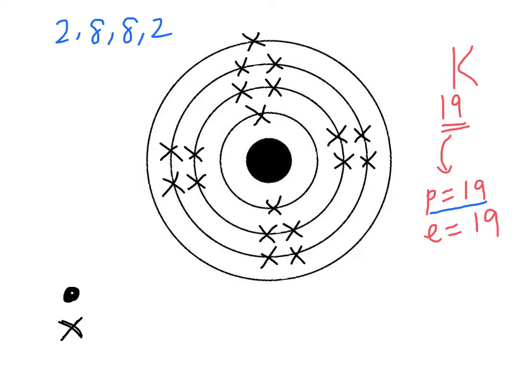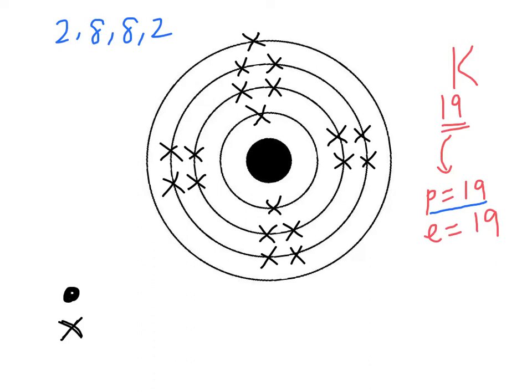I can put it here, and you may ask, why can't I put it here or here? You can put it anywhere on that outer shell. It's perfectly okay. Now I have shown the atomic structure of potassium with 19 electrons in a diagram like this. And you should be able to do similar diagrams for any atom up to an atomic number of 20.